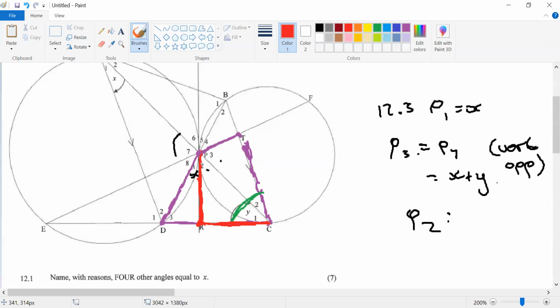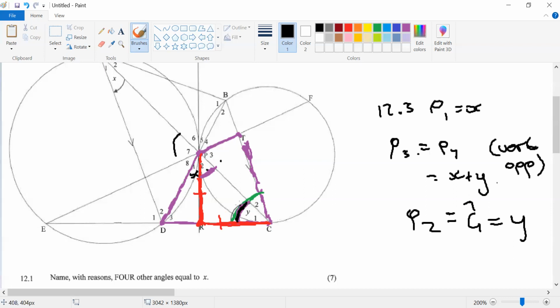And tangents from the same point, what does that mean? Tangent perpendicular radius. No, equals... tangents from the same point are equal. Oh, yes. So that would mean that the base angles are equal, which would mean this angle equals this angle, correct? Yes. So because I know that, P2 is actually going to equal C1, which is equal to y.